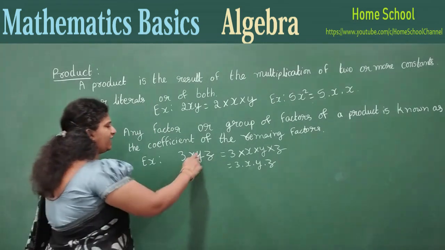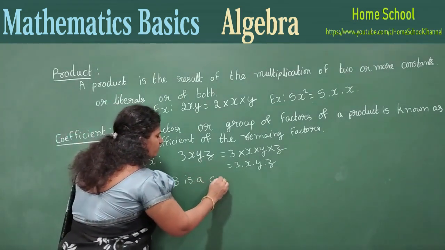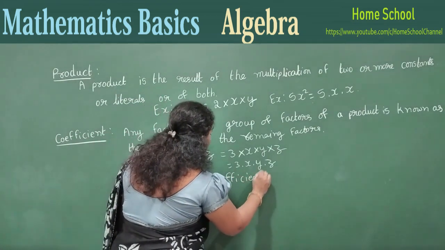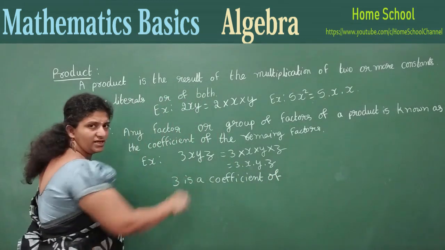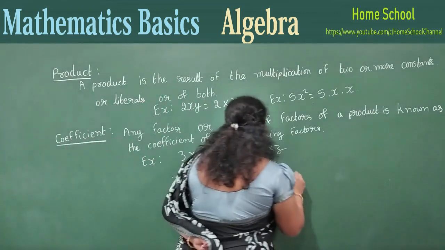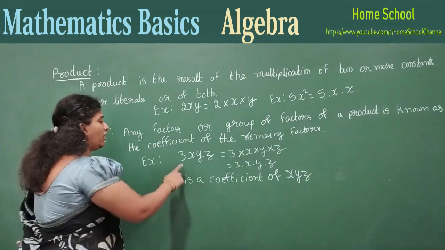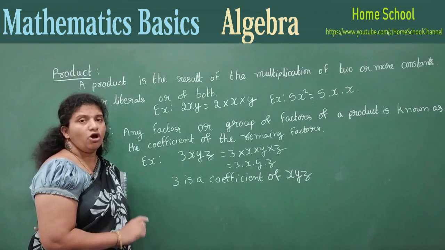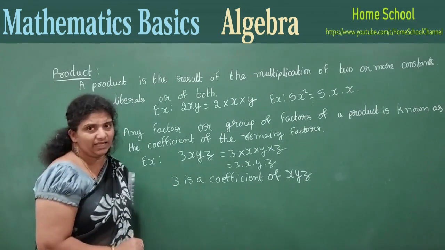Now, what can I say here? 3 is a coefficient of, other than 3, what do you have, children? x, y, z. 3 is a coefficient of xyz. When I talk about only the number, 3 is a constant, or the numerical coefficient of xyz is 3.